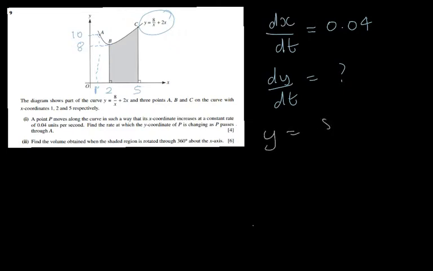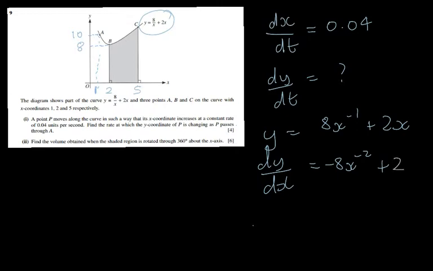So I go back here and I write it out. So y equals 8x to the power of negative 1, because I know I'm going to differentiate this, so that makes it easier for myself, plus 2x. And then when I differentiate that to dy/dx, I end up with negative 8x to the negative 2 plus 2. Cool.